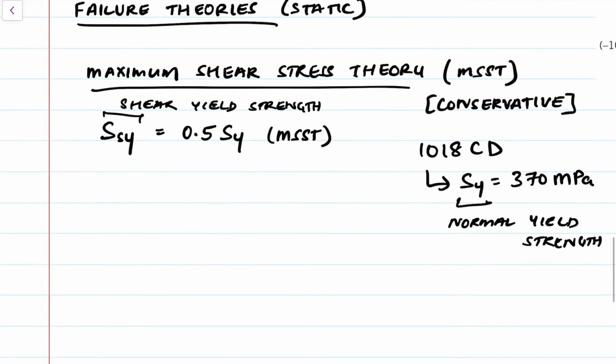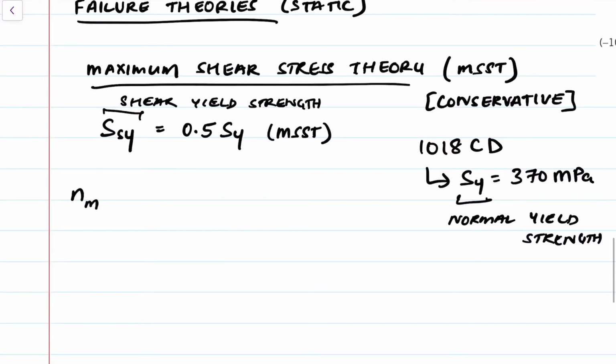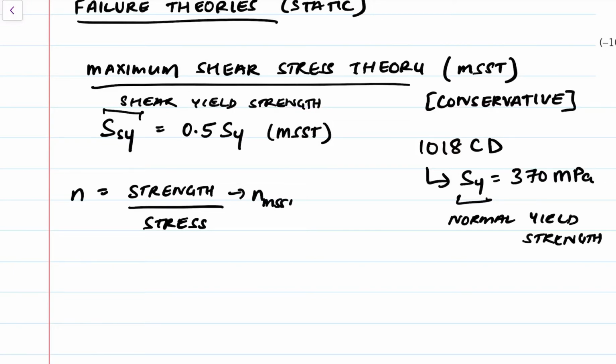So the factor of safety with respect to MSST, actually, let me take a step back. The factor of safety in general is defined as the strength over the stress. And in our case, MSST deals only with shear. So it's going to be the shear strength over the shear stress.